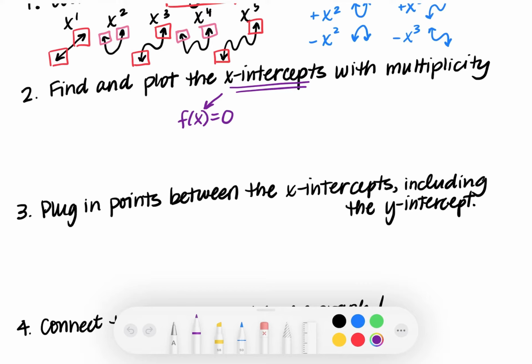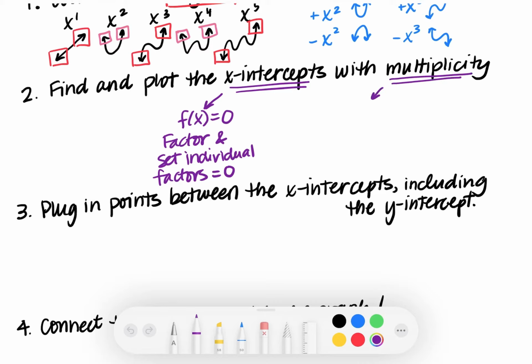That usually means we're going to have to factor and set individual factors equal to 0. Once we set those individual factors equal to 0, we should have some ordered pairs for where we want to plot our x-intercepts. But don't forget, we also need to define their multiplicity.